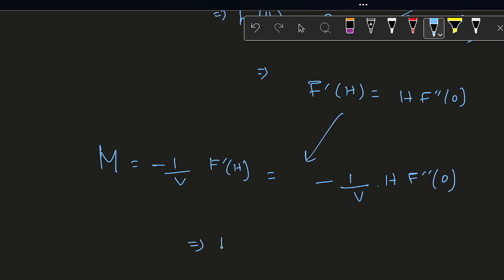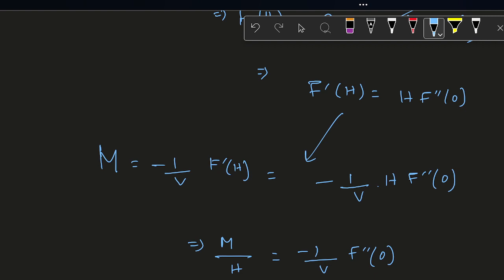So now basically you take h to the other side, so m by h equal to minus 1 by v f double prime 0. And you know that m equal to chi m h, where magnetization and magnetic field are related by the magnetic susceptibility. So in this case, chi m is your diamagnetic susceptibility. So m by h is your diamagnetic susceptibility, which is nothing but minus f double prime 0 by v.